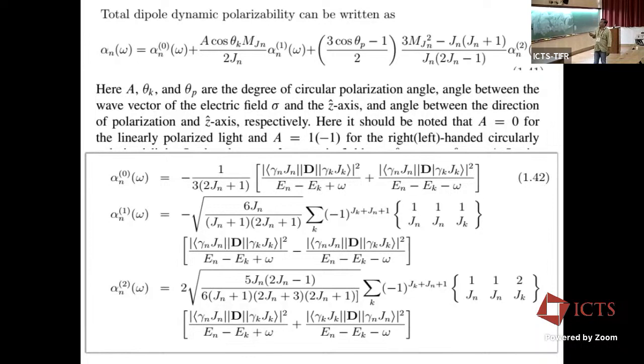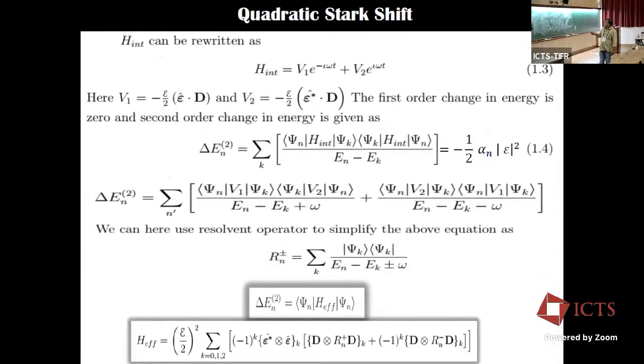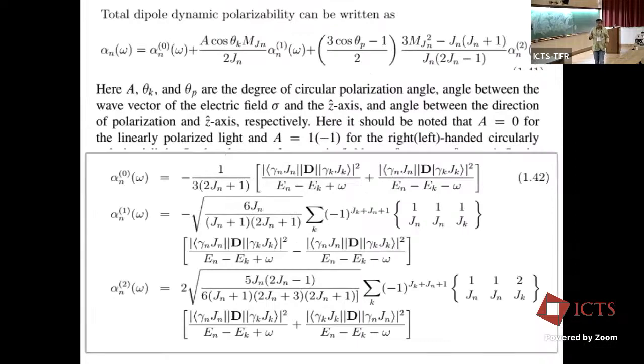So we can calculate these components, scalar, vector, and tensor, separately using these formulas, provided you can calculate these matrix elements and energies very accurately using many-body theory, if you have an appropriate many-body theory. Then once you have these polarizabilities, since experimentalists know how much electric field they are applying, using that they can estimate the energy shifts, which is the second order Stark shift. Okay, that is where we can actually help.